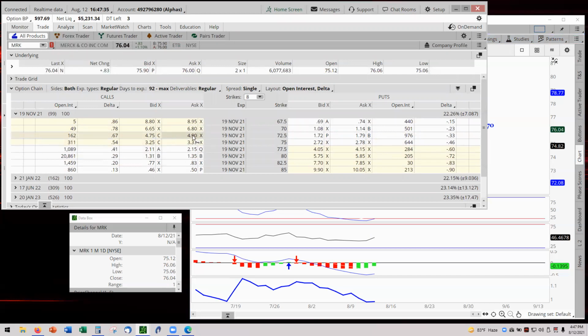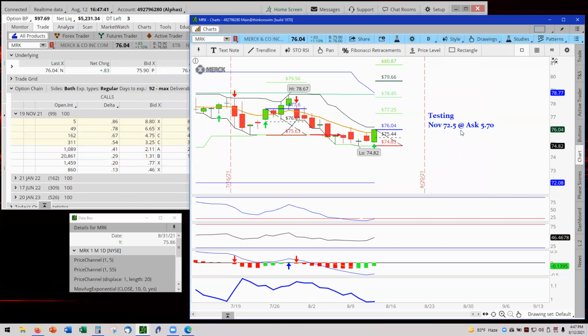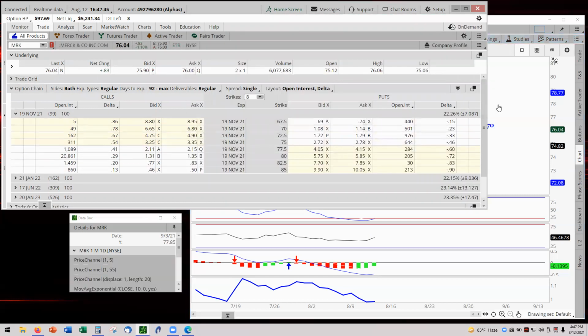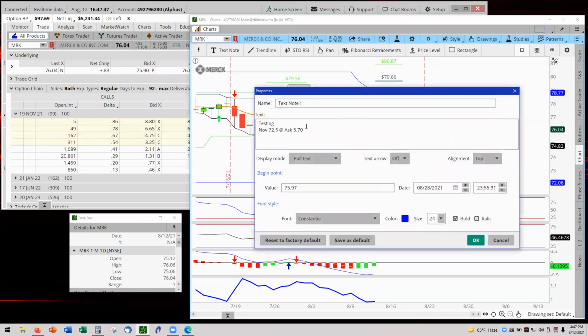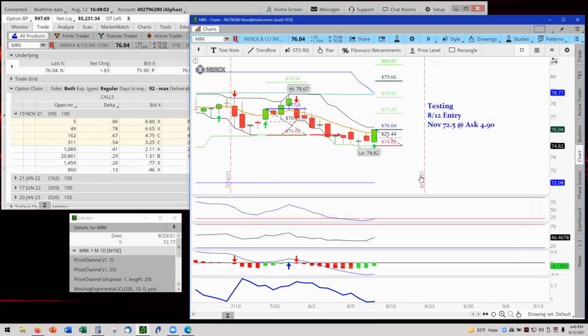And it would be this one. So we're now going to be looking at November 72.50 at 490. And now we'll go ahead and put 490 here. And this is another way of forward testing.